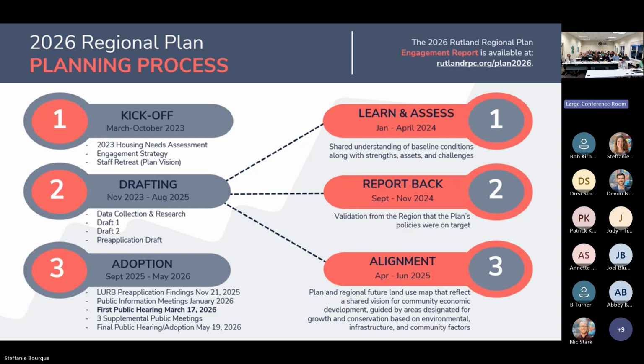We incorporated those findings into the draft of the plan that was then shared back with the public at the beginning of January of this year. We held some informational meetings because the findings from the LURB had a significant influence, particularly on our regional future land use map, and we wanted to make sure we were advising the community as early as possible about the implications of those findings.